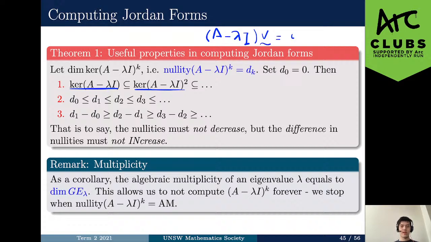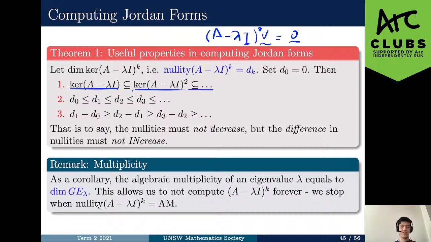Well, then it shouldn't come as a surprise that if I apply A minus lambda I to it again, it will still be 0. So any V that is an eigenvector will also be in the kernel of A minus lambda I squared, and so on. Anything that's in the kernel of A minus lambda I squared will also be in the kernel of A minus lambda I cubed. So that's why it's a subset.